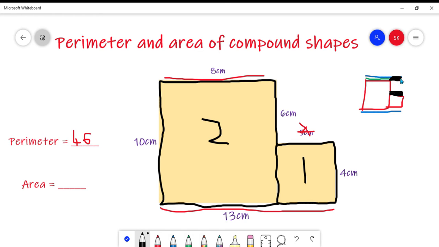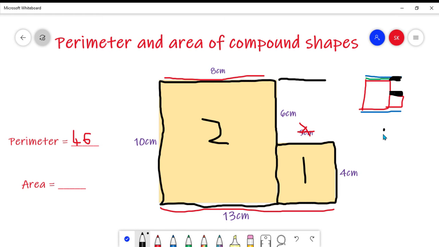So we have to work out what the measurement of that black gap is. To work that out, you might have recognized this is 13. All we have to do is take away 8, 13 take away 8, to find out what the missing gap is, which will let us find out what this crossed out number is.